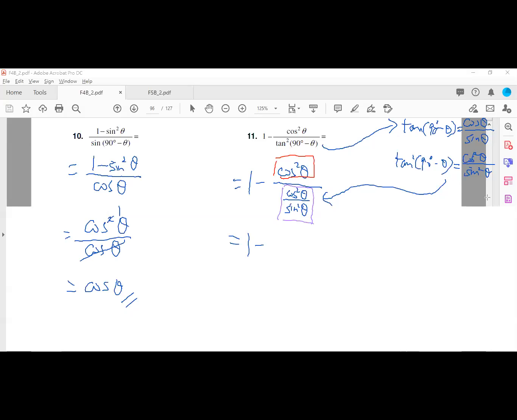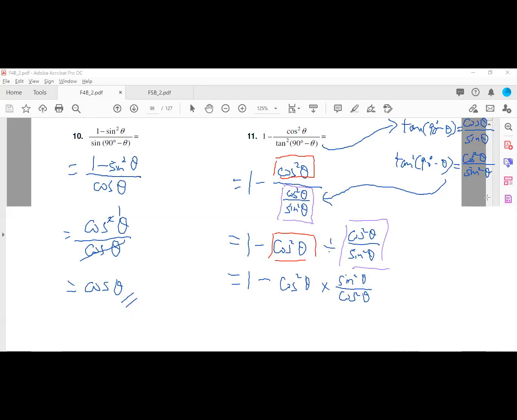So 1 minus is unchanged, and then the upper part cosine square theta, and then over becomes divide by cosine square theta over sine square theta，係嘛？上邊 over 下邊，其實即係上邊除下邊。但係如果下邊係一個分數嘅話，我哋就要將佢變成上下顛倒。So cosine square theta times sine square theta over cosine square theta.